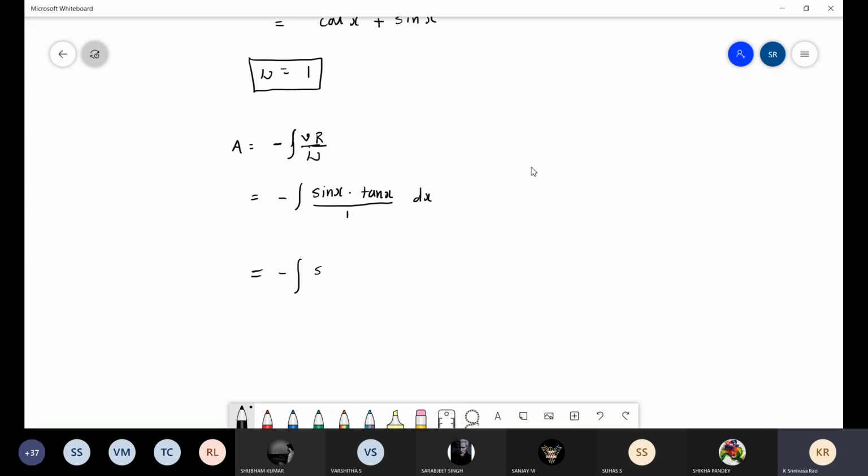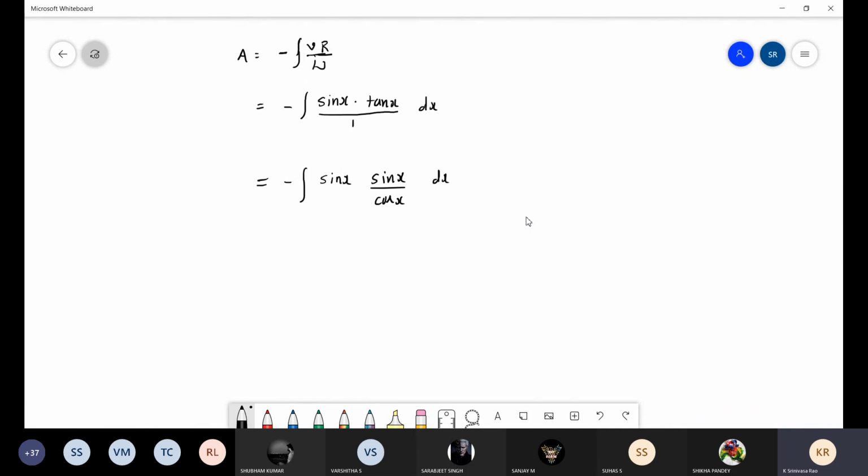Sin x I will write as it is. Tan x can be written as sin x by cos x. We have many methods to simplify this. You can use any basic formula and you will get a unique answer.